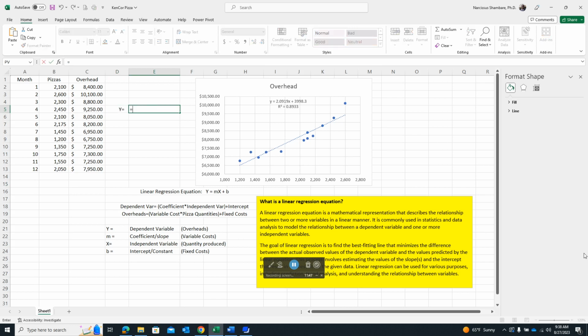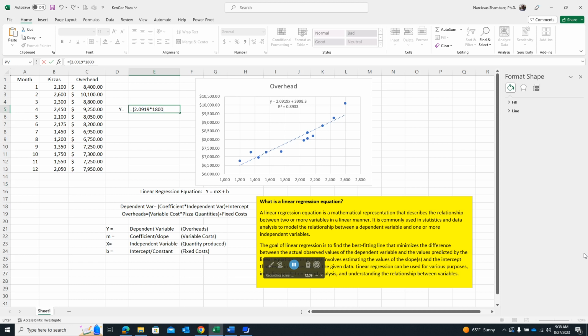So we enter the equal sign, 2 point, now we need an open parenthesis, okay, because we want to multiply this coefficient or this slope by the number of quantities of pizza. So x represents the number of quantities.